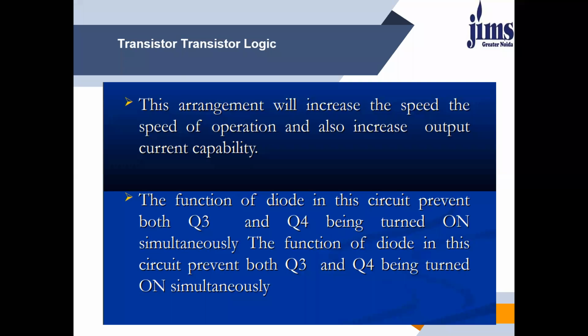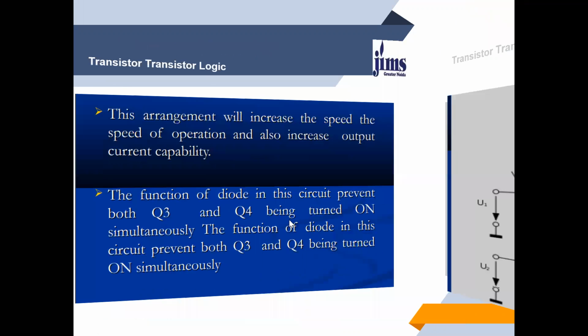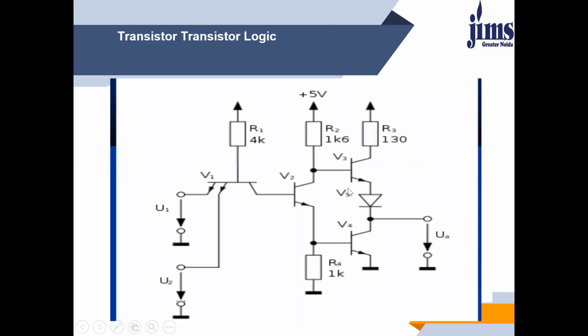So what is the function of the diode? To prevent both Q3 and Q4 from being turned on simultaneously. This is Q3 and this is Q4.